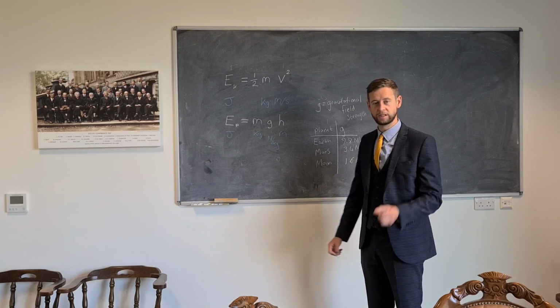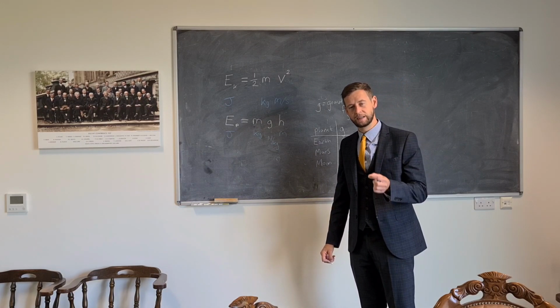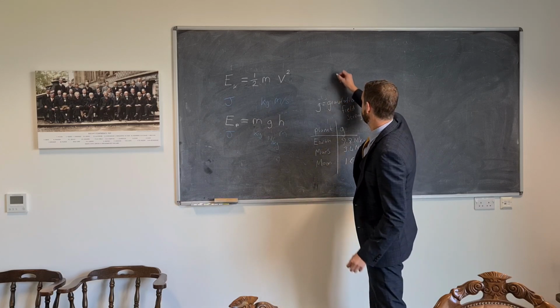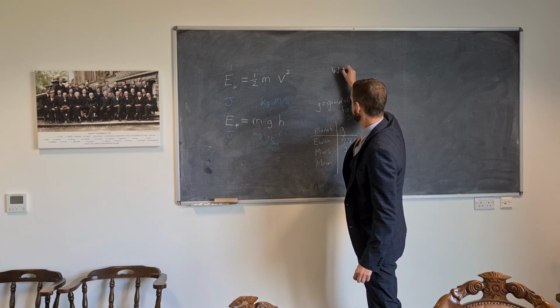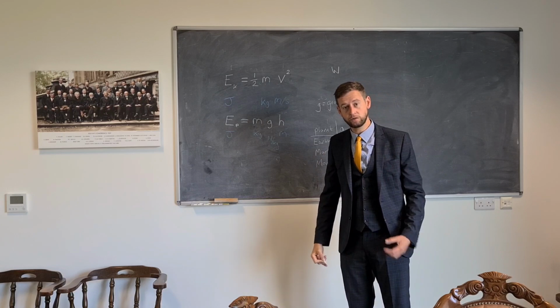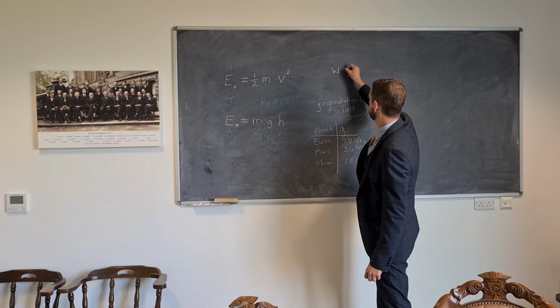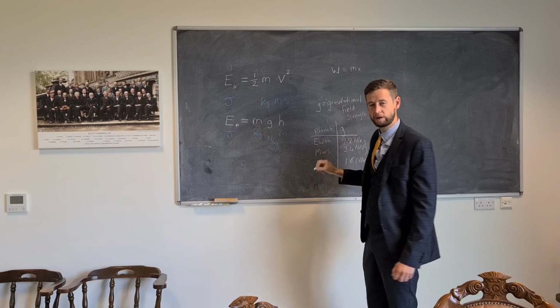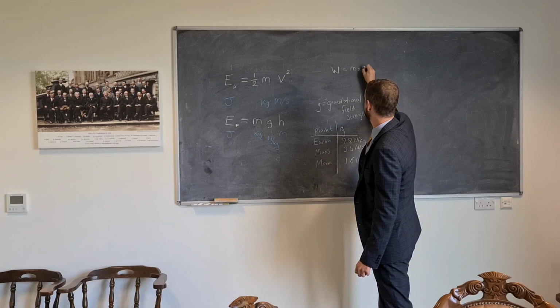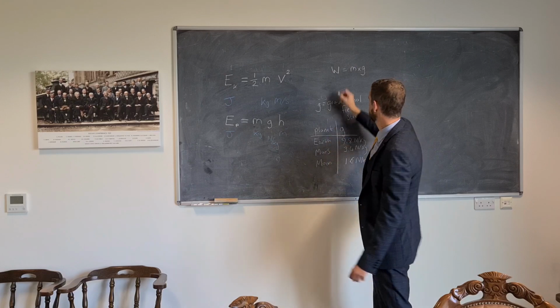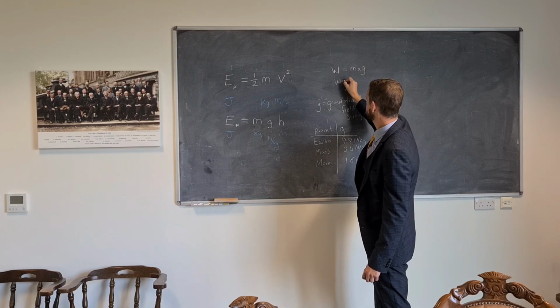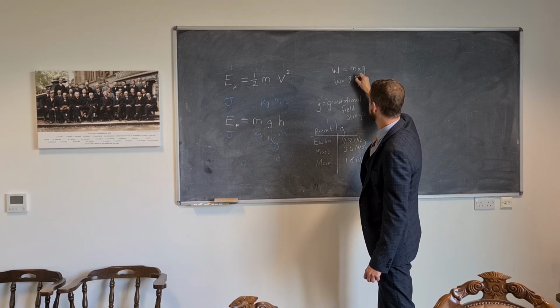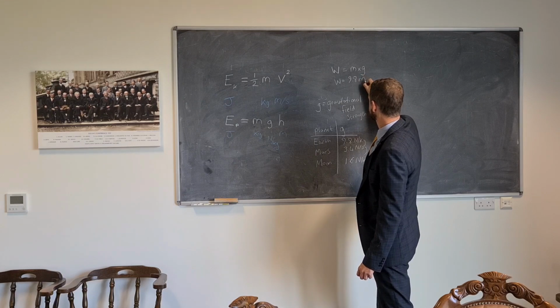The key equation is the connection between weight and mass. Weight, the force of gravity acting down on your body, is equal to your mass multiplied by the strength of gravity, g. And so your weight is going to be 9.8 times your mass.